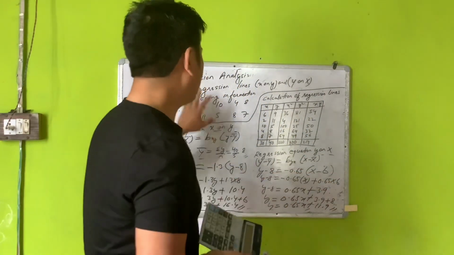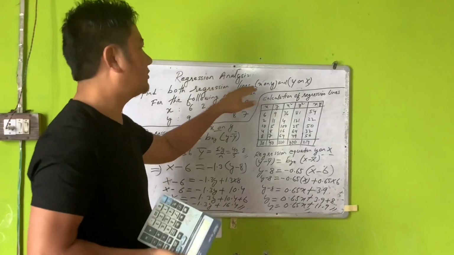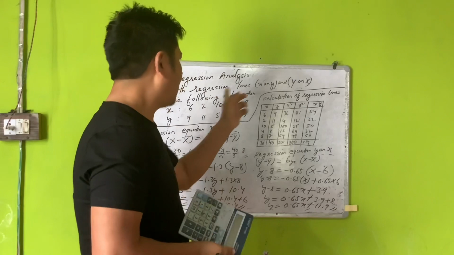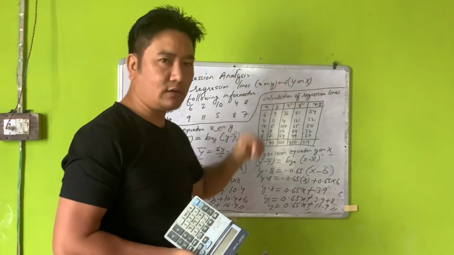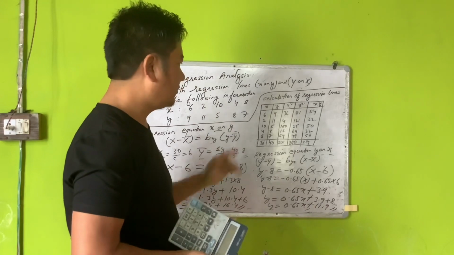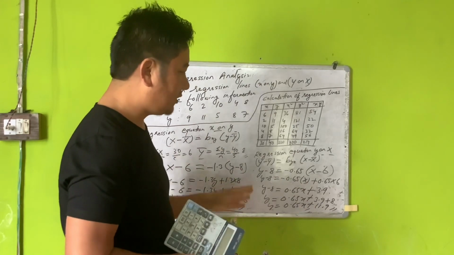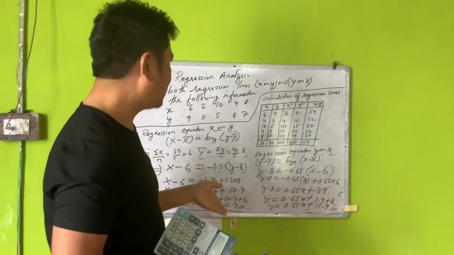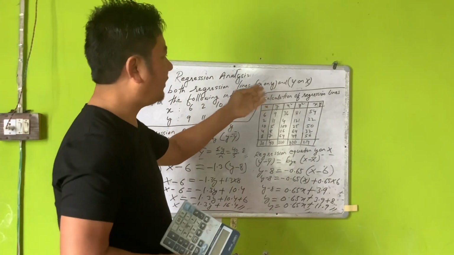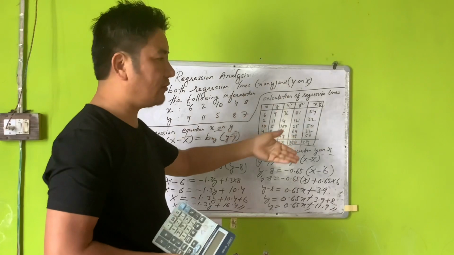Your question was simply that you are asked to find regression lines, the regression lines of x on y and y on x. Now we have already solved it. After this, they can give you: if the value of x is this, then what is the value of y?